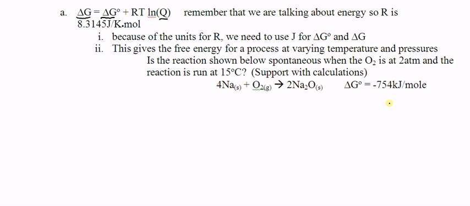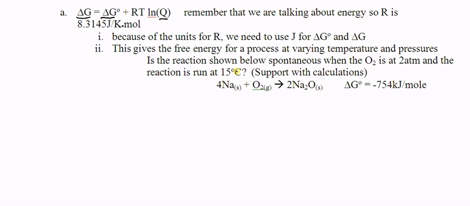So with that in mind, we can take a look at a pretty typical type of question here. The reaction is shown below, and the question is, is it spontaneous when oxygen is at 2 atmospheres and the reaction is run at 15 degrees Celsius?